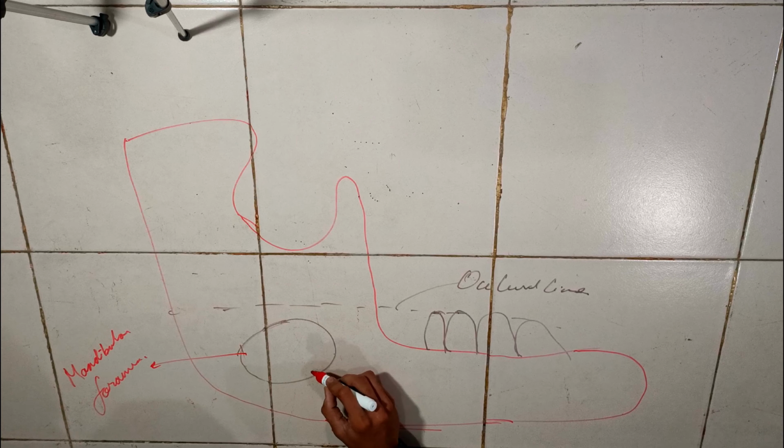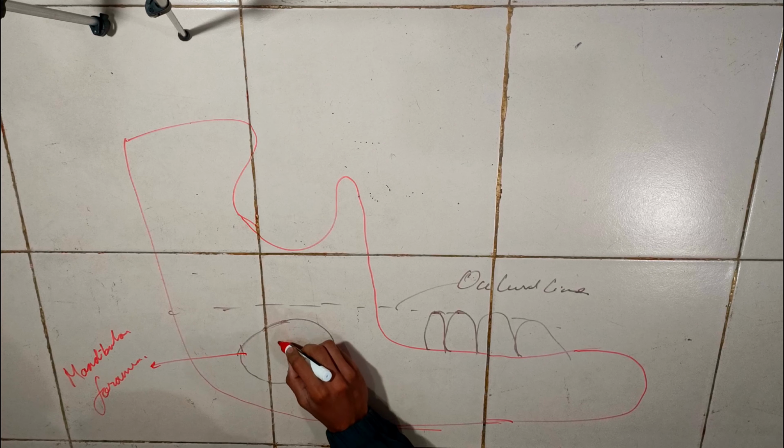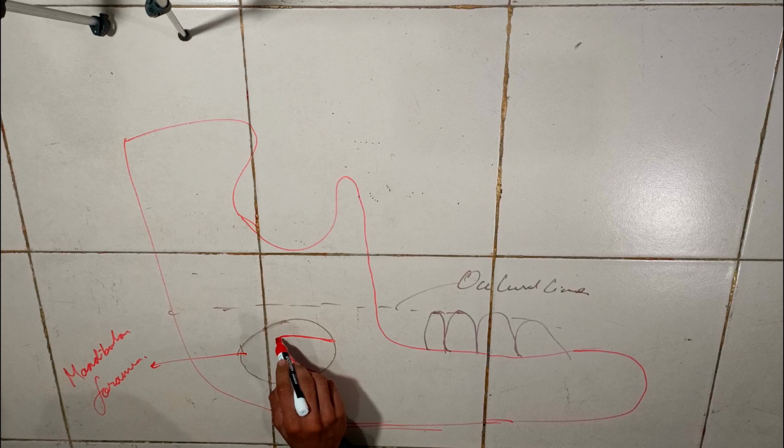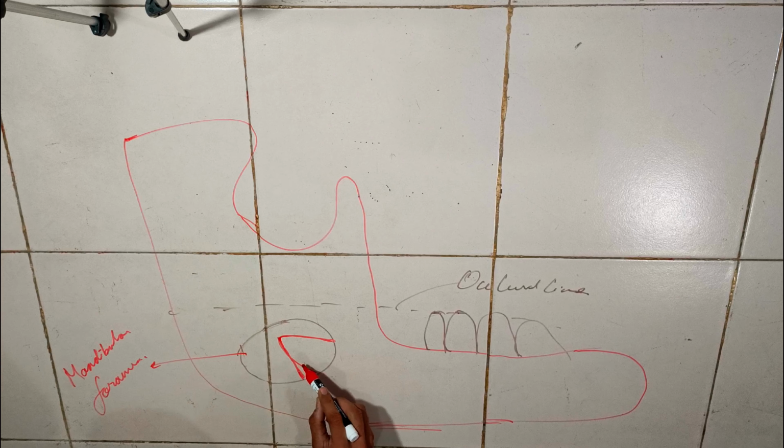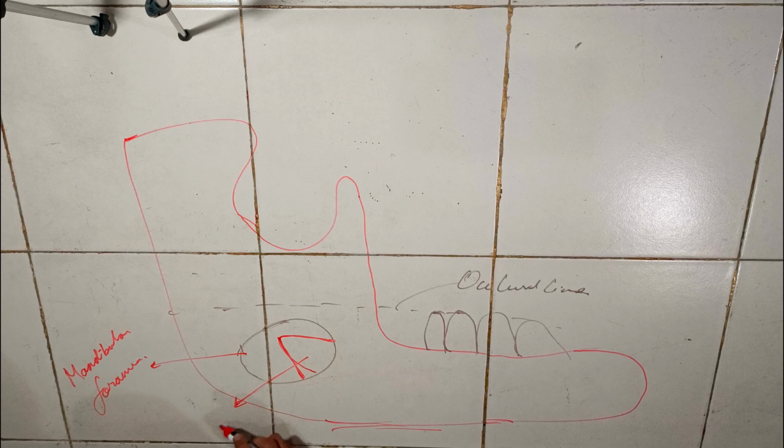And there is a tongue-shaped bony structure whose tip is directed towards the condylar process, and this is known as the lingula.